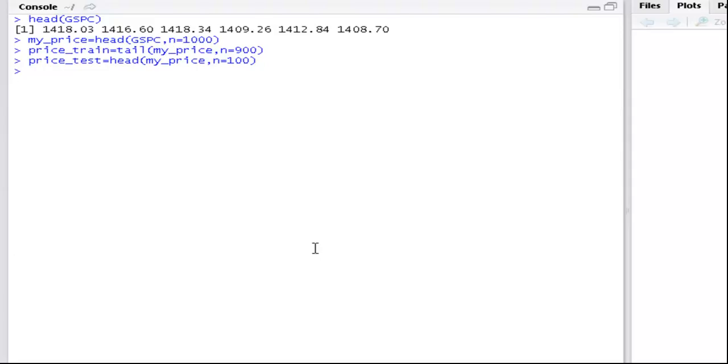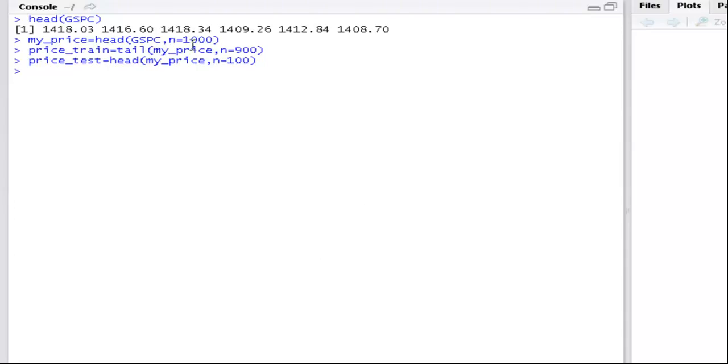So, I took the last 1,000 days, the most recent 1,000 days worth of data, and put that into my price. Then when I was creating price train, I took the oldest 900 days from my price.